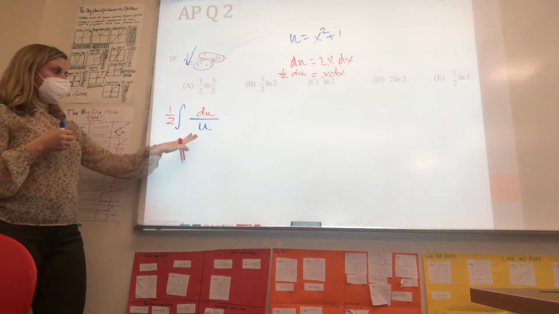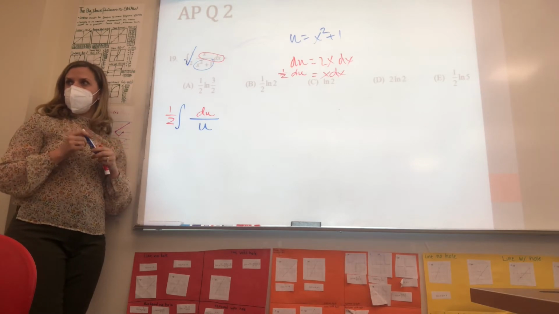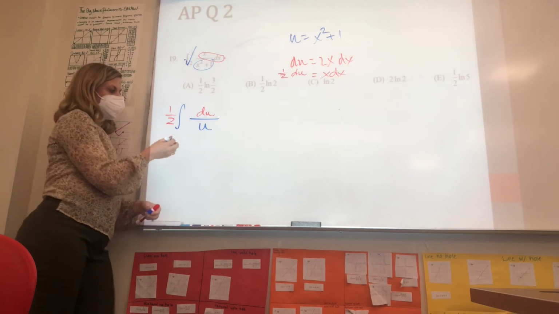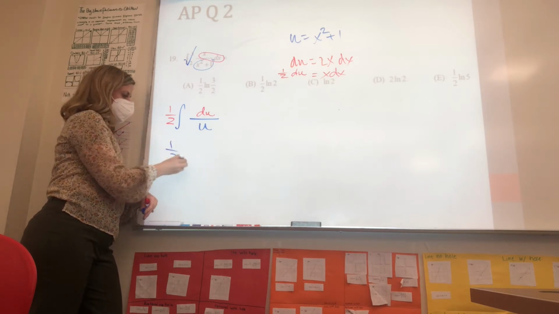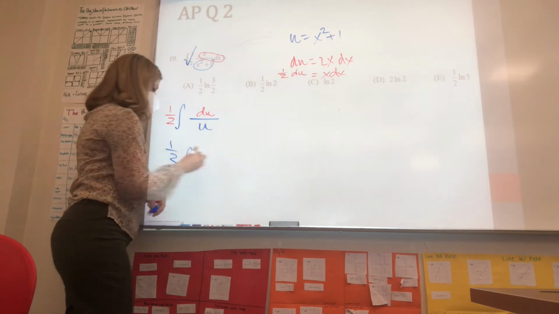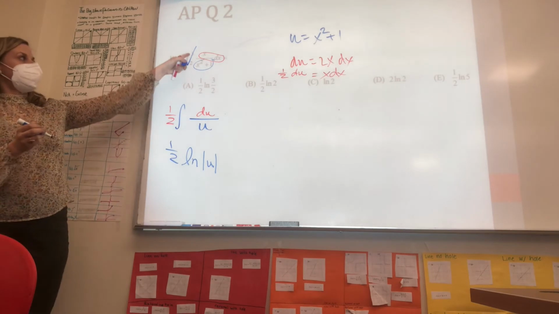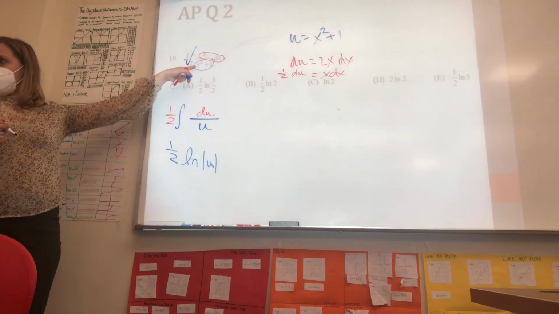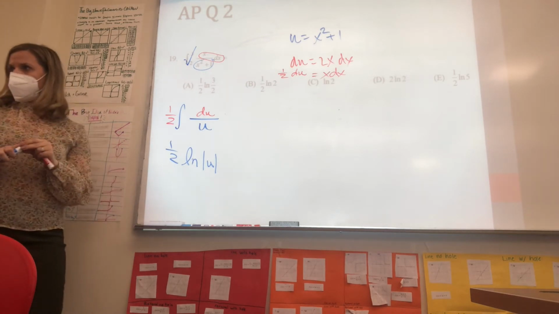Okay, so now what's the integral of a half du over u? Let's actually integrate: 1/2 ln u. Yeah, great, plus c. So this is going to be a definite integral, so I'm not going to put the plus c because it's going to cancel out.